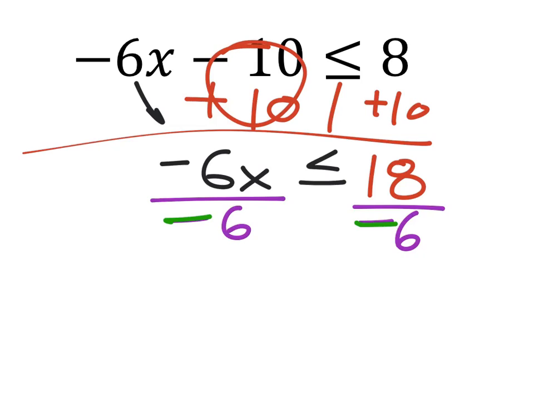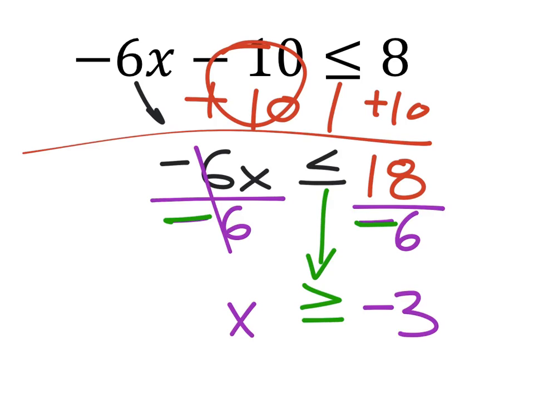Since we're dividing in this case, but it could be multiplication, if you ever multiply or divide both sides by a negative, then you have to flip the inequality. So that now becomes a 1x right there, and 18 divided by negative 6 is negative 3.